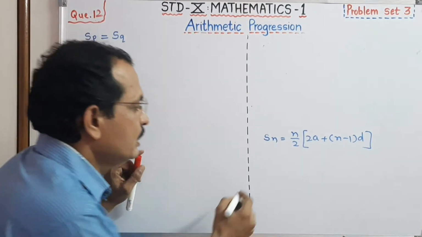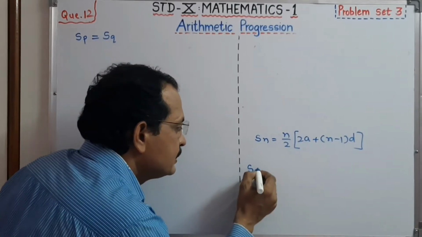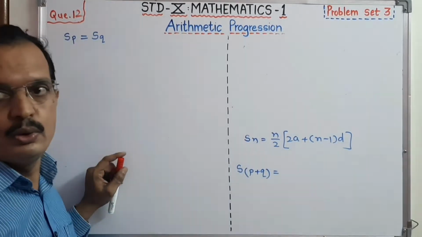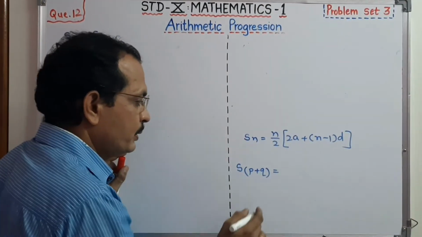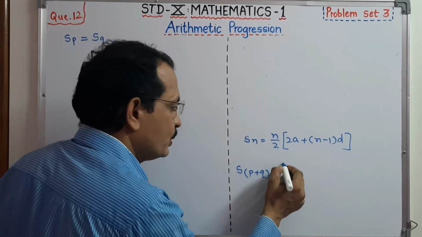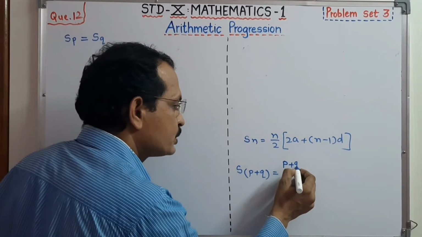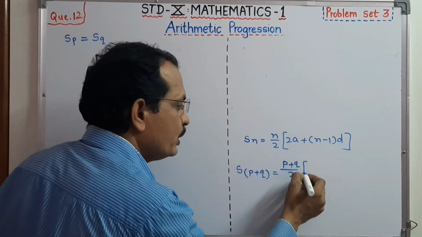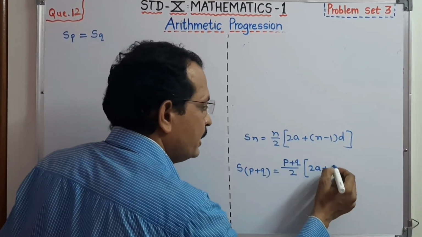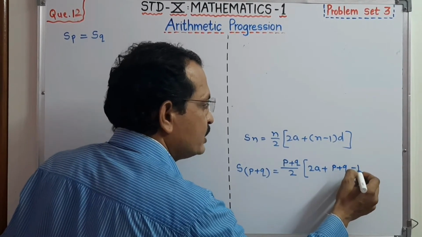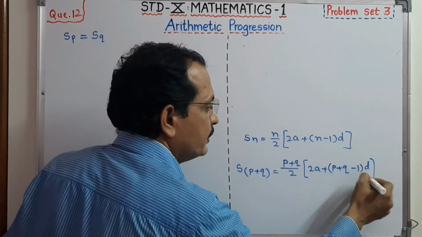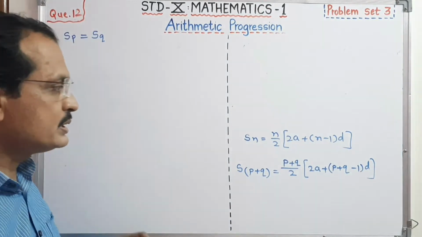Now if we have to find out S of p plus q terms, we have to show that it is 0. That means S of p plus q is equal to p plus q upon 2 into 2a plus p plus q minus 1 into d. Got it?